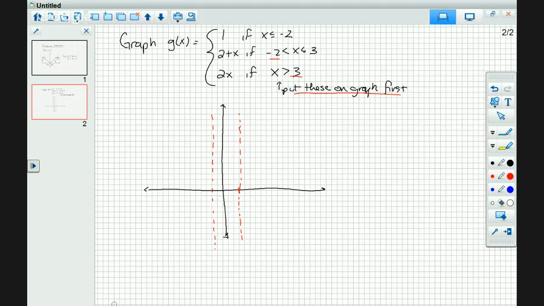What's the graph of this one? What is the graph of that? Y equals 1. That would be y equals 1.